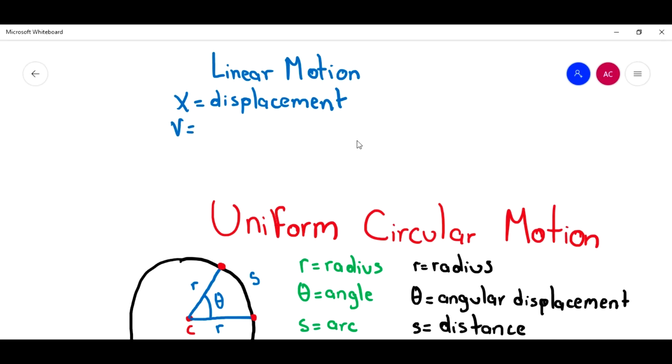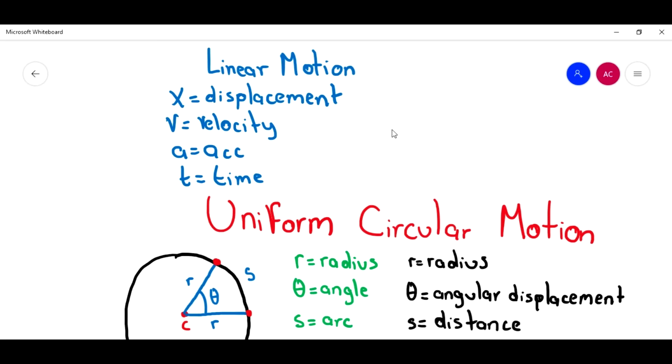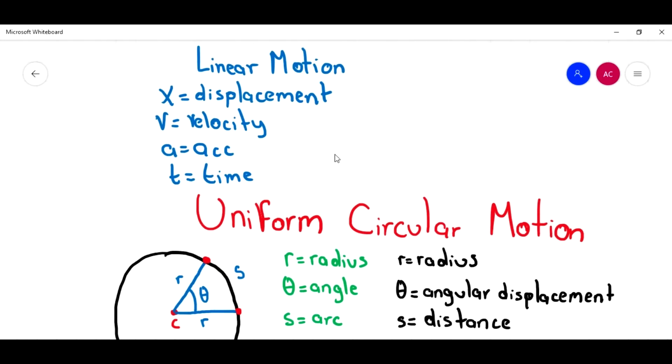V is for velocity, A is for acceleration, and T is for time. The only letter that will be exactly the same is the letter T for time. We're going to have the same time for linear motion and for circular motion.